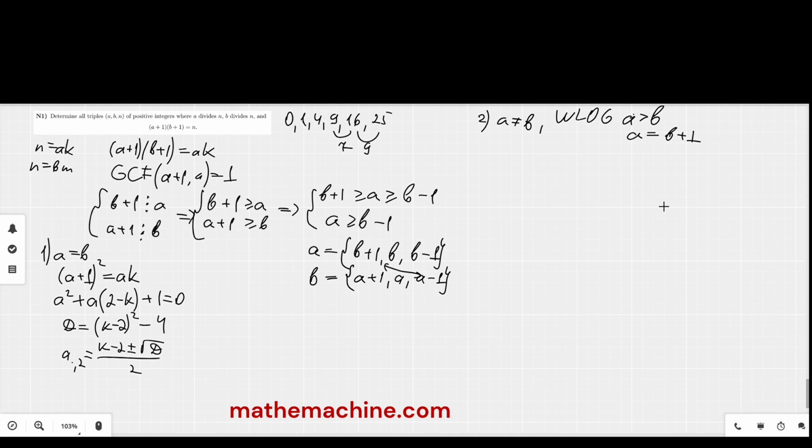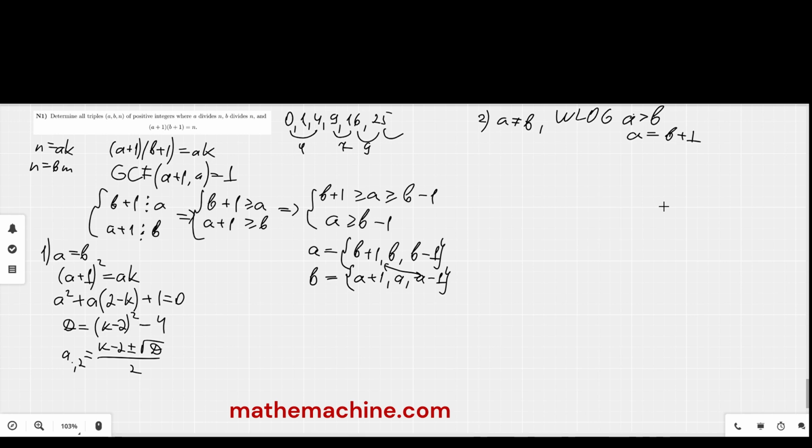The only difference of 4 is between 0 and 4. All the rest are not good: between 1 and 4 is 3, between 4 and 9 is 5, then 7, 9, and even greater differences. So only this one can work.